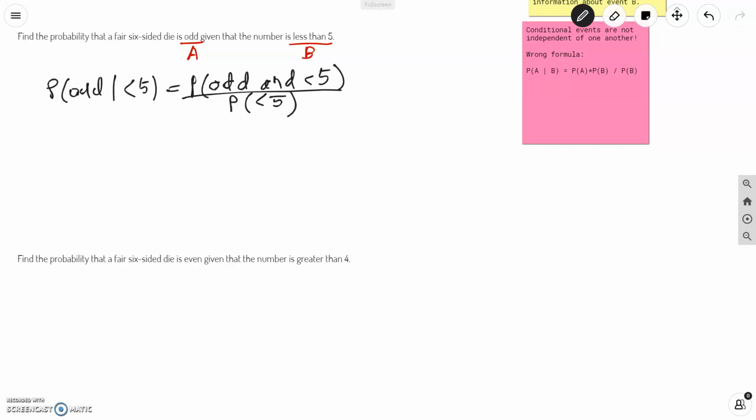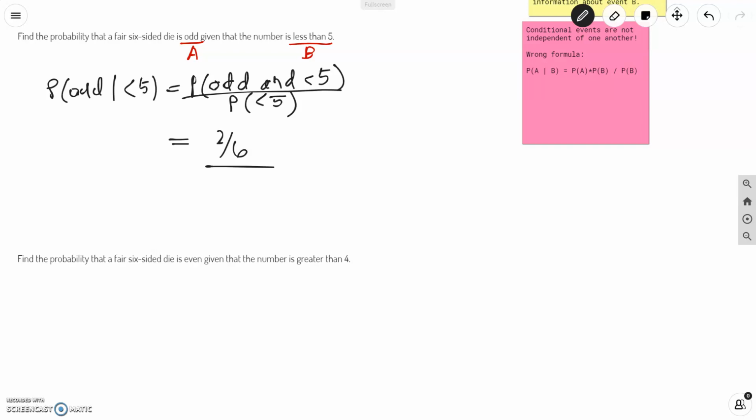And so thinking this through, how many numbers out of the 6 are odd and less than 5? Here we have the number 1, which is odd and less than 5. We also have the number 3, which is odd and less than 5. So that's 2 out of the 6. So the probability of being odd and less than 5 is 2 over 6.